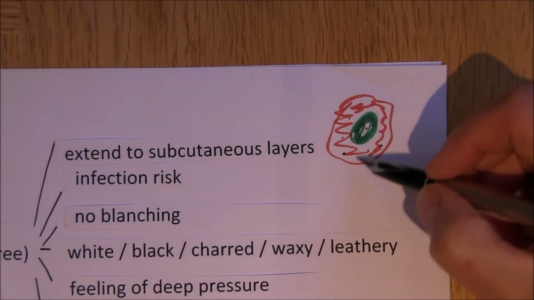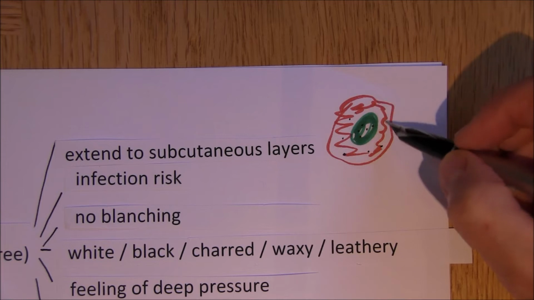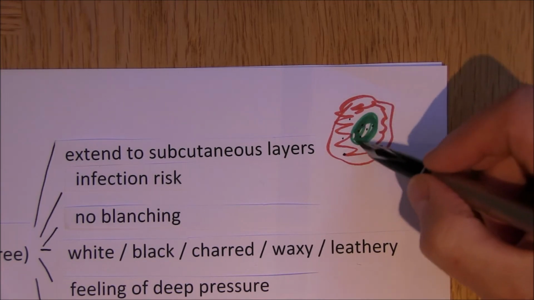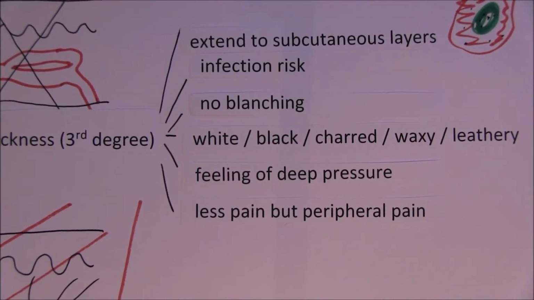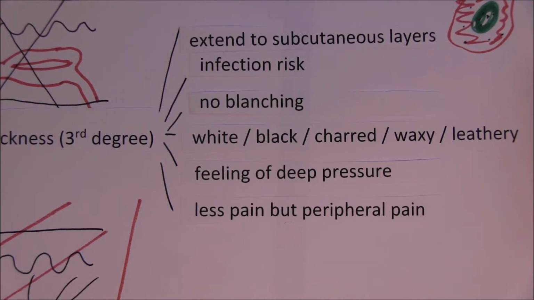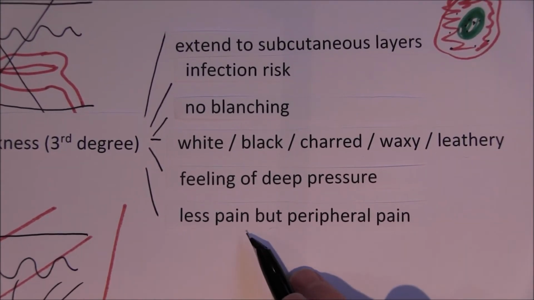The surrounding areas with the nociceptors will be very painful, whereas the full thickness area in the middle will be less painful, because the nociceptors are in the dermis, with very few in the subcutaneous tissues. So less pain in the full thickness area of the wound, but certainly pain round about it.